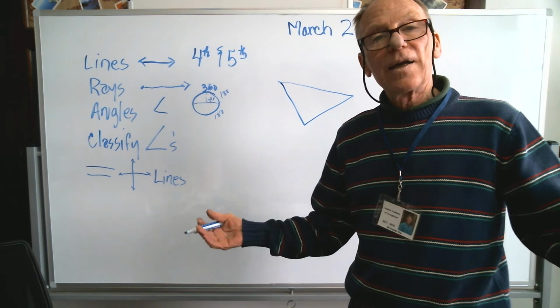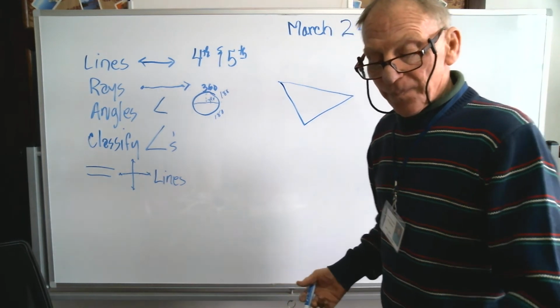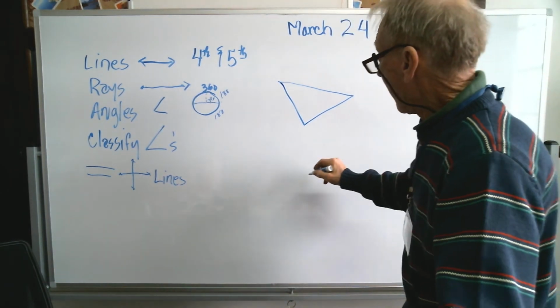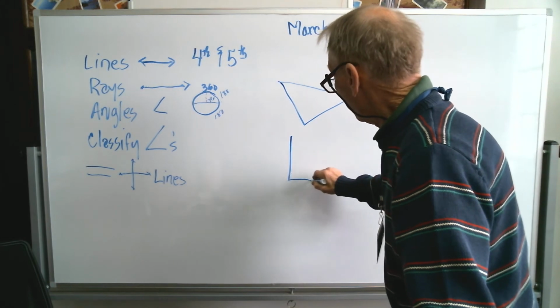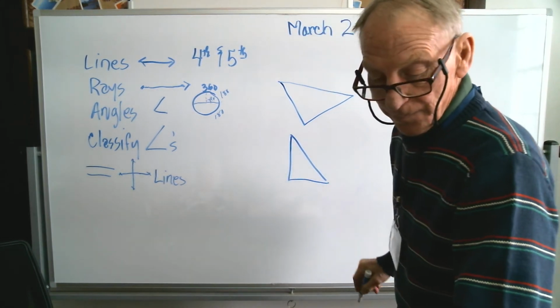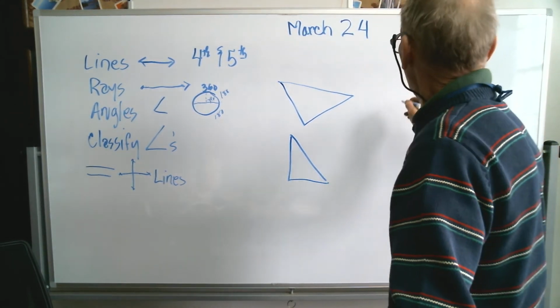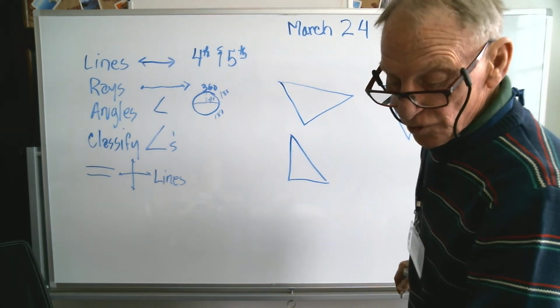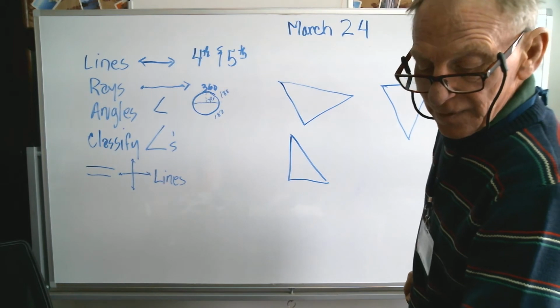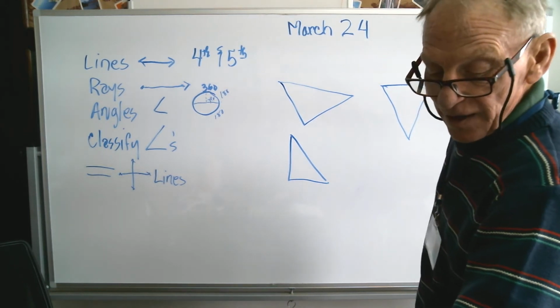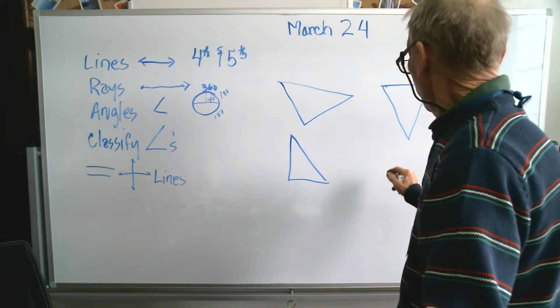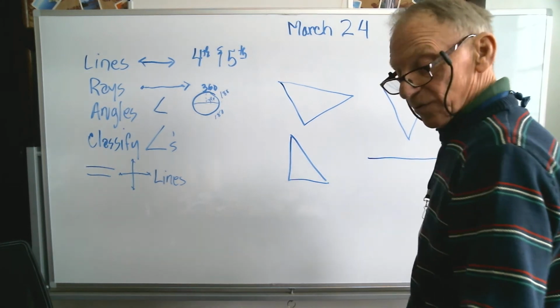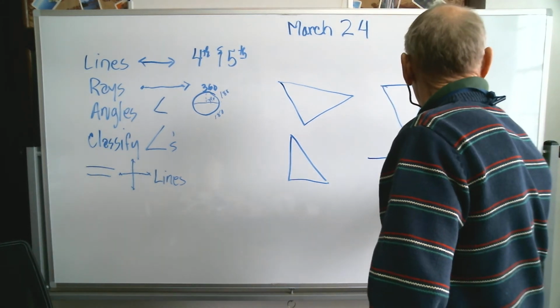It's a three-sided object, right? They're using triangles to illustrate how you classify the triangle. Let's just draw some pictures here.